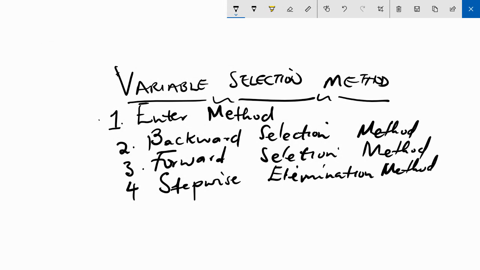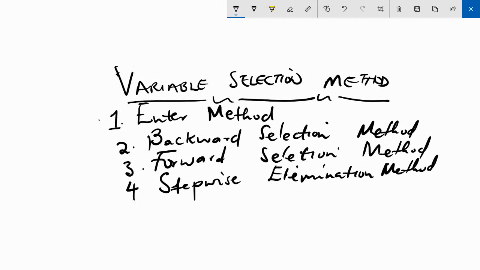These are the 4 methods that will be used to assess if it's necessary to have the variable in our model or not. So let's go to the first one.